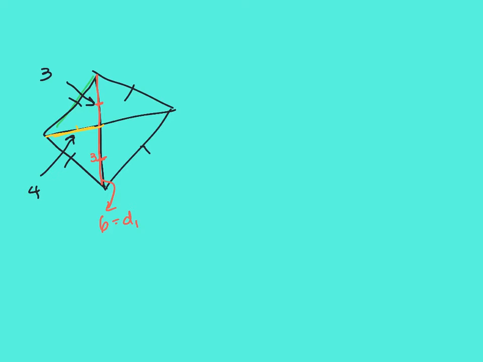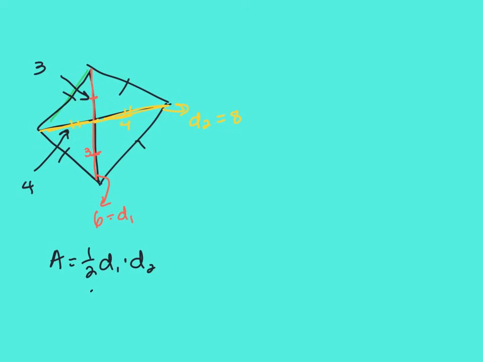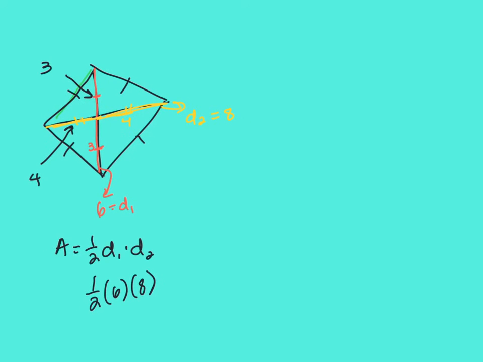If this is 4, this is also 4, making this whole diagonal 8. So with a rhombus, its area equals 1/2 diagonal 1 times diagonal 2. Some of you added that together. Be careful. So it's 1/2, in this case, 6 times 8, which is 24.